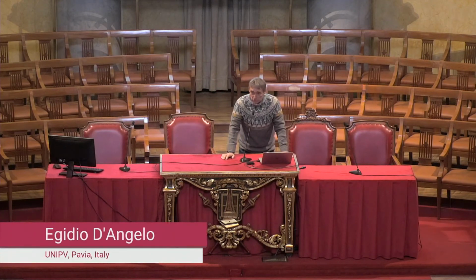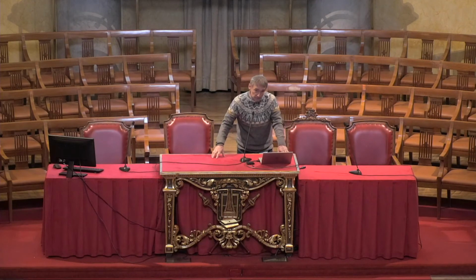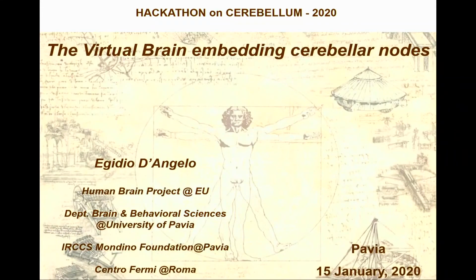It is a sort of continuation of the robotic controllers embedding cerebellar nodes, because again, we have models of the cerebellum that are embedded into larger systems which have an architecture, have some rules, and then have, in two different cases, two different applications. In one case, they are applied to robots, as we've seen. In the other case, to simulate brain waves.